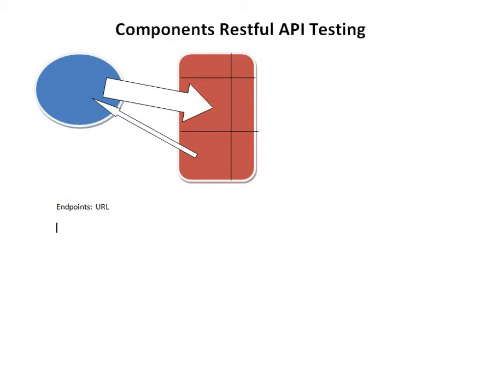And the next thing is the HTTP method. When the code is being developed as a backend, it will have to identify this endpoint URL with some sort of method. Whenever they create the controller, which is the endpoint, they have to define what type of method it is going to work as.